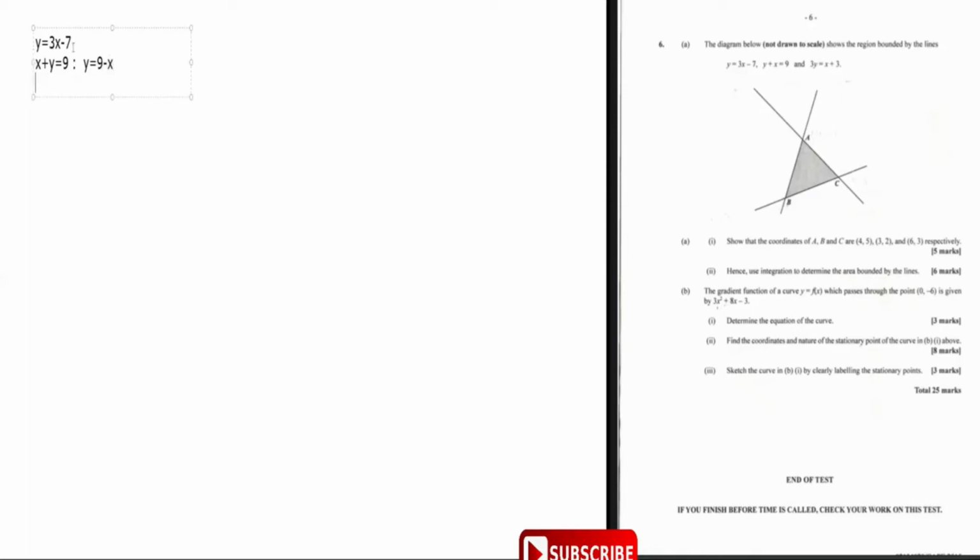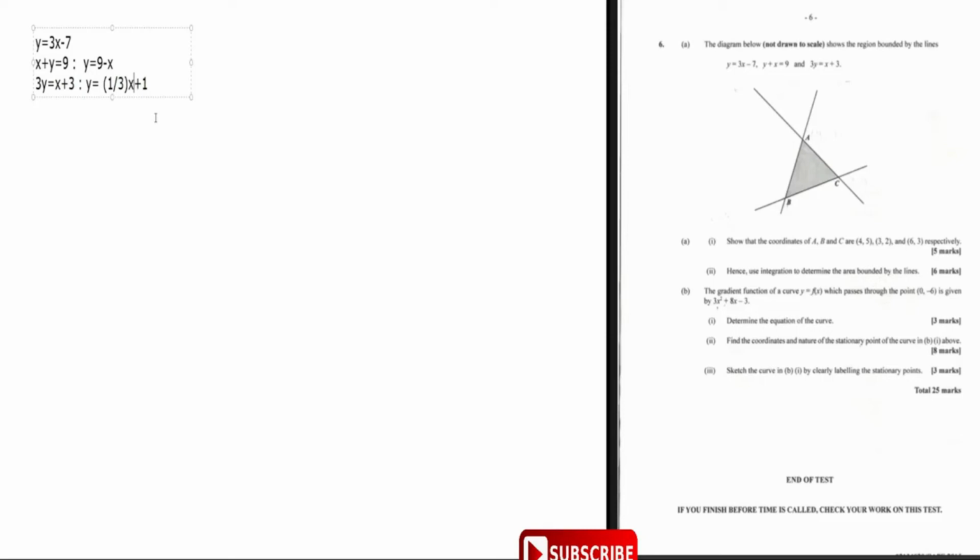And the final one, 3y is equal to x plus 3, I'm going to rewrite as y is equal to 1 over 3 times x plus 1. All I do is divide through by 3. So I put all of them in standard form. It makes it easier for us to do other computations with these lines.